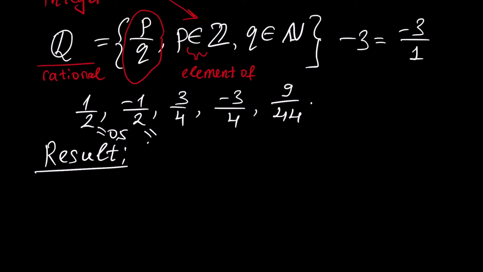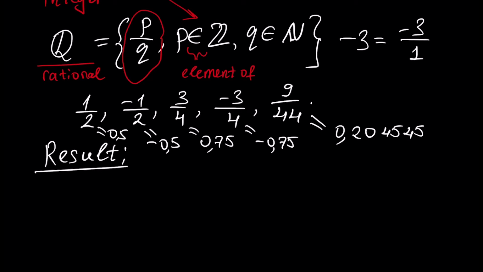Minus 1/2 is minus 0.5. 3/4 is 0.75, and this is minus 0.75, and this number is 0.2045, 45, 45, and so on. And here, 45 is the period. Take the calculator and check it. So this is a decimal representation.